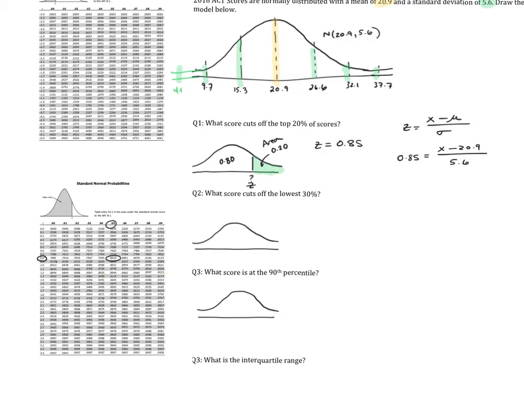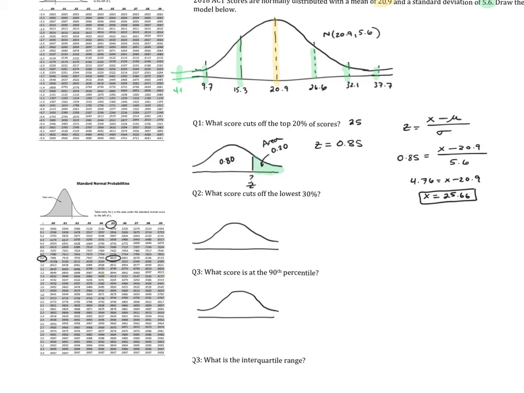I'm going to multiply both sides by the standard deviation. So 0.85 times 5.6 is 4.76 equals x minus 20.9. I'm going to add 20.9 to that. So an ACT score of 25.66 is going to be the answer.